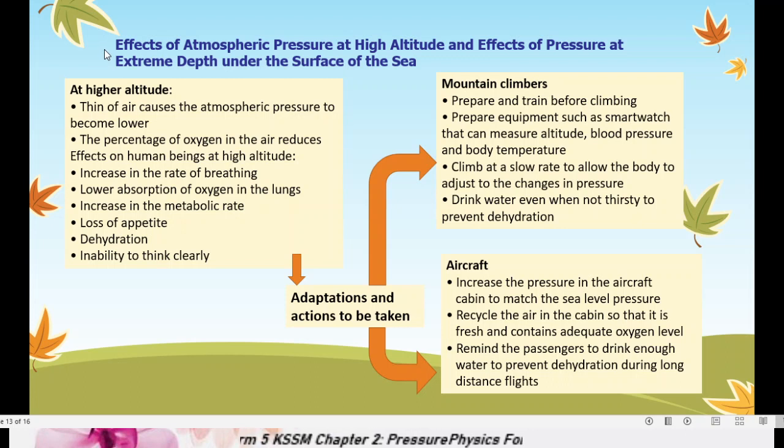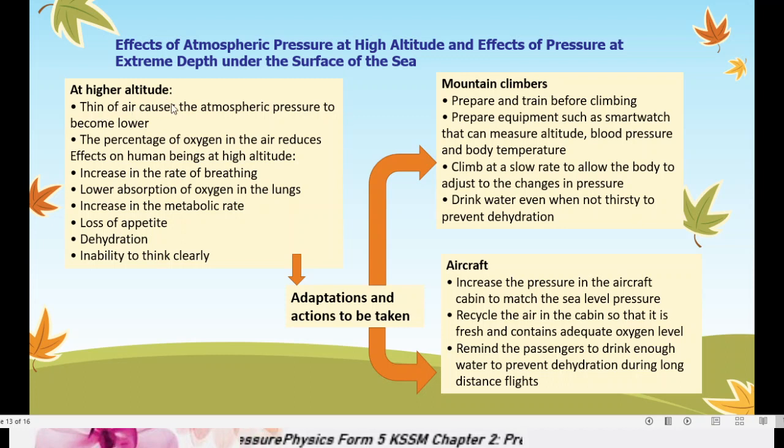Okay, second part I want to discuss is effects of atmospheric pressure at high altitude, meaning high places like the top of a mountain, and effects of pressure at extreme depth under the surface of the sea. Let's look at the first part, at higher altitude.